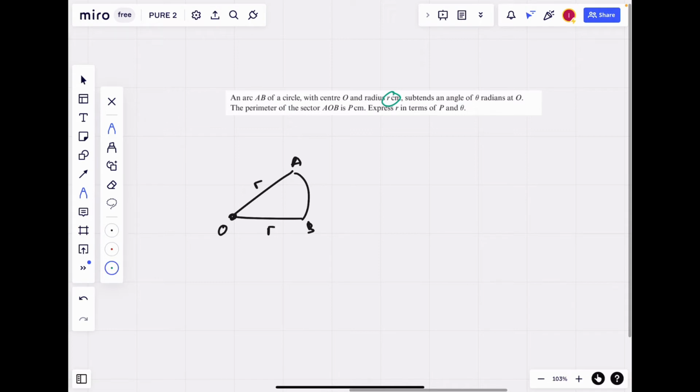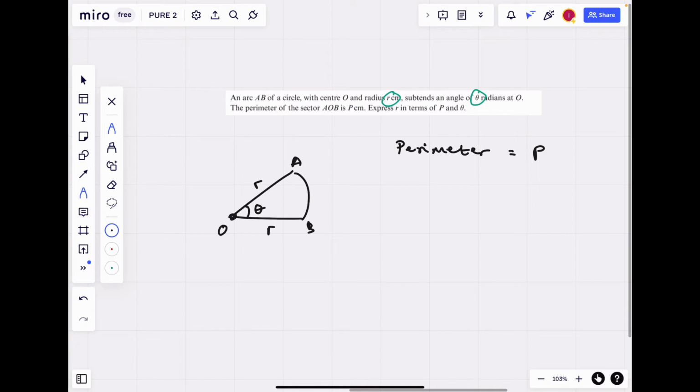And we've been told that the angle is just theta. Okay, the perimeter of AOB is P. So perimeter equals P. What you want to do is you want to try and express P, the perimeter.